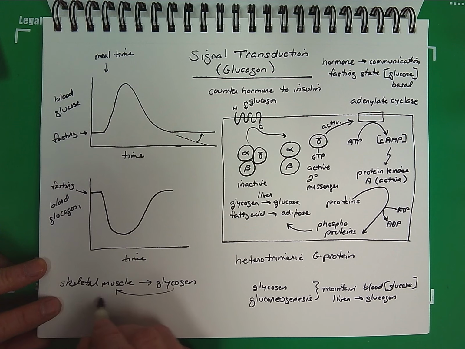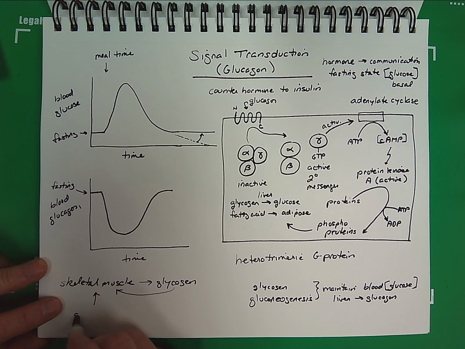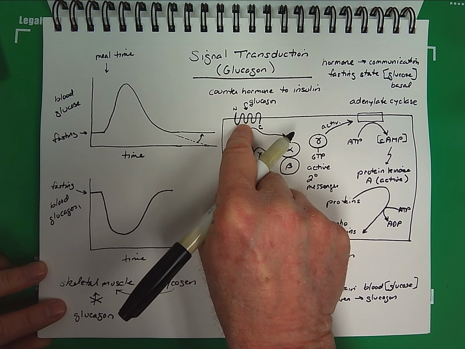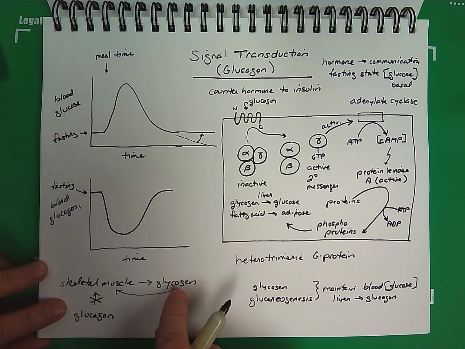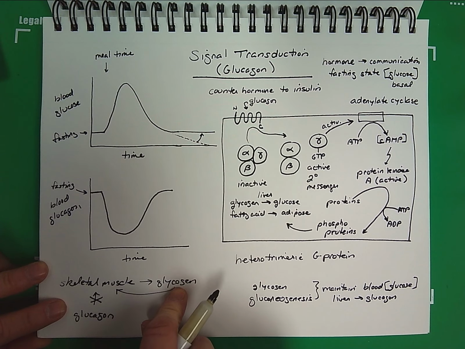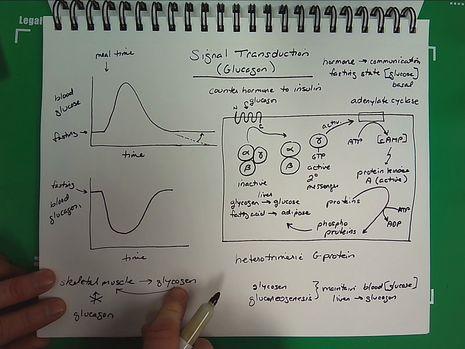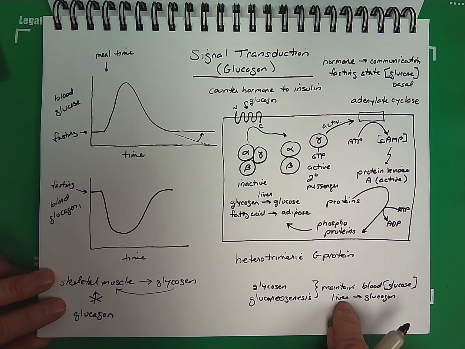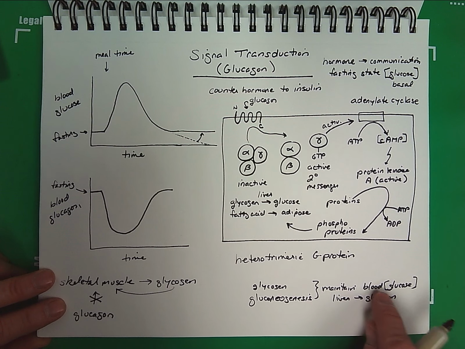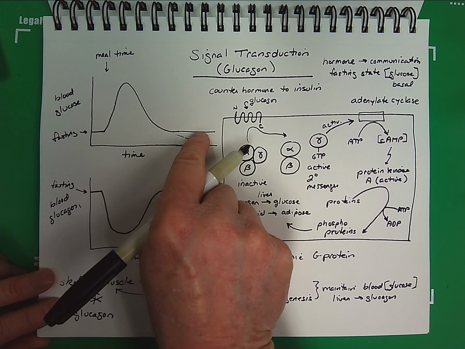And so, therefore, skeletal muscles have no response to glucagon, simply because they do not have a glucagon receptor. They are primarily using their glucose stores for their own energy production, whereas the liver is using its glucose stores to maintain blood glucose levels.